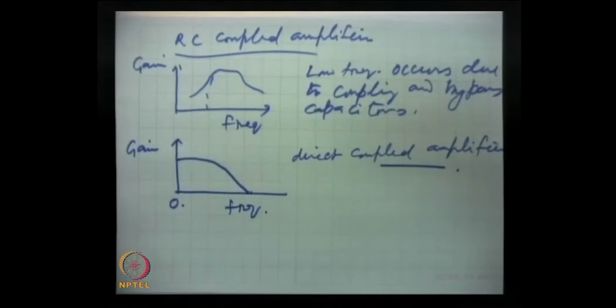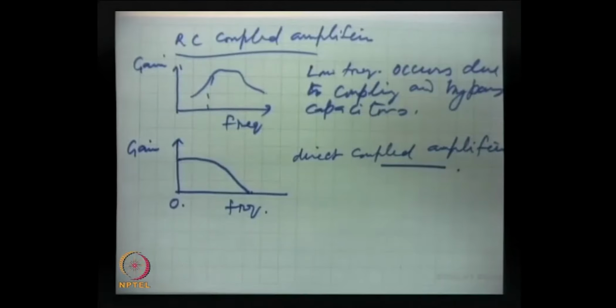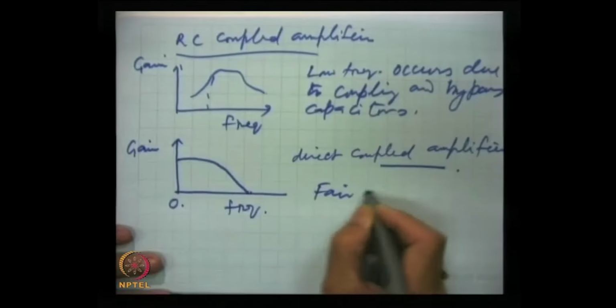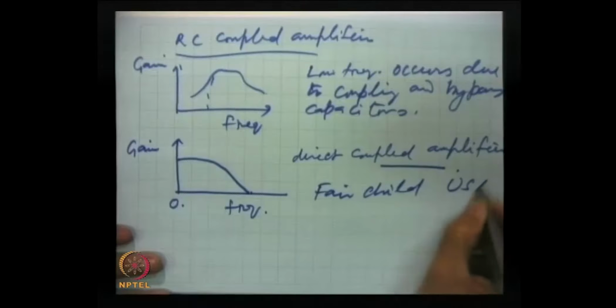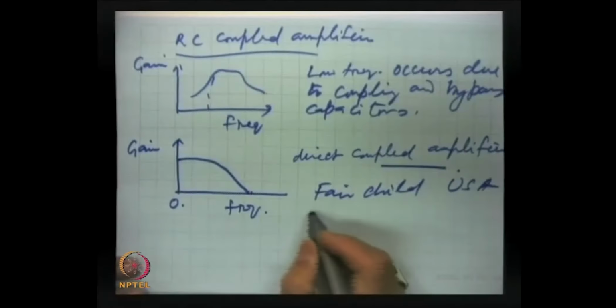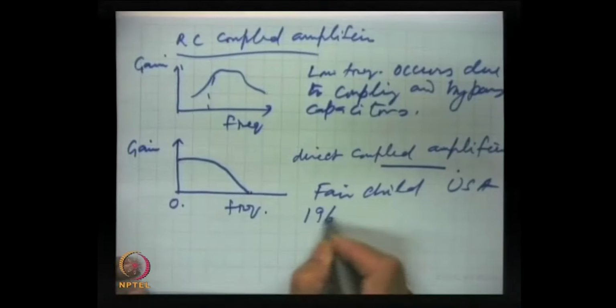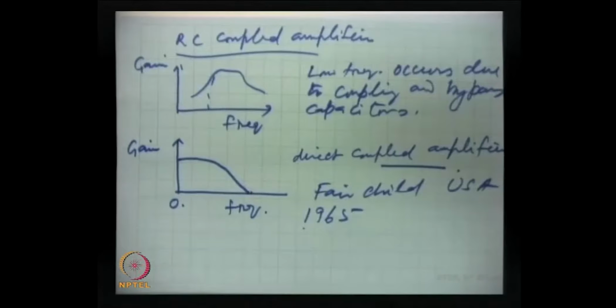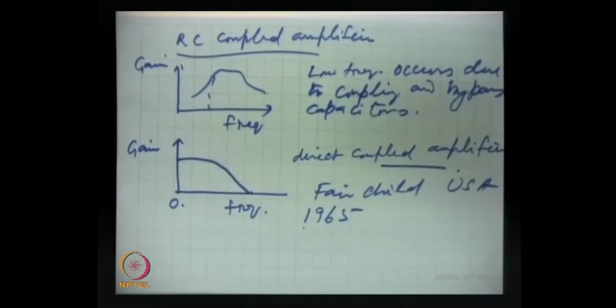Operational amplifiers: just to give in a few lines the history of the development. Fairchild, a semiconductor company in the USA, brought out the first operational amplifier in 1965, but it had certain drawbacks. Two major drawbacks were that the output may latch, so it will not vary with the input.